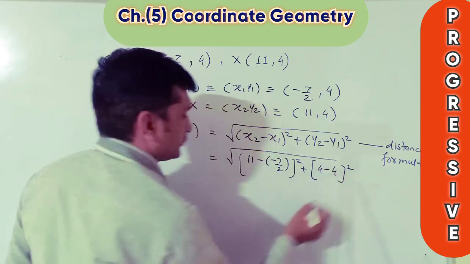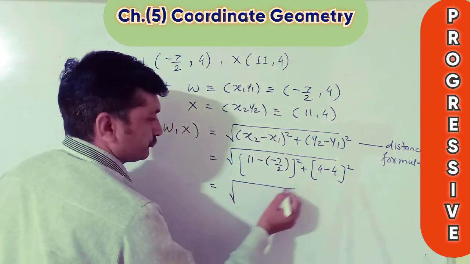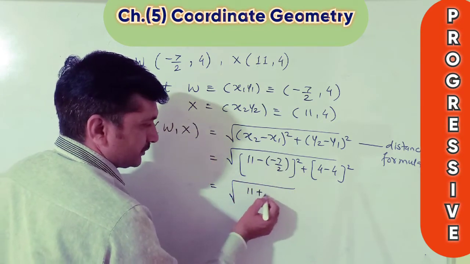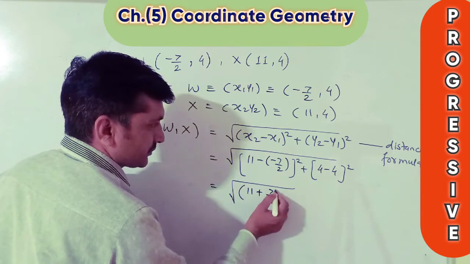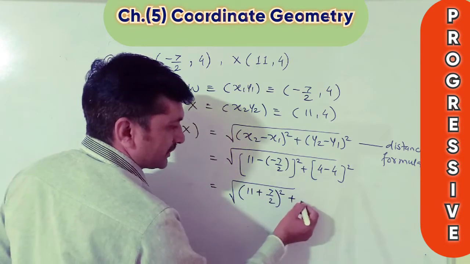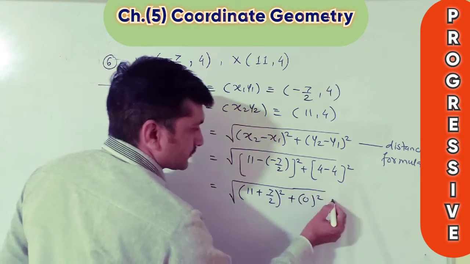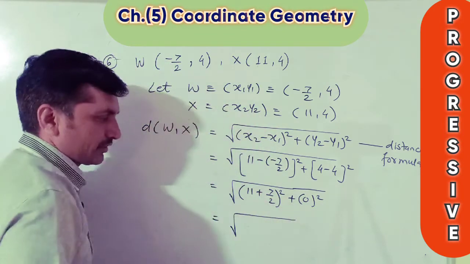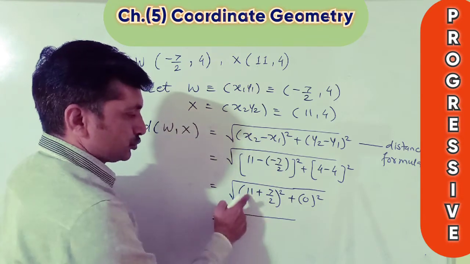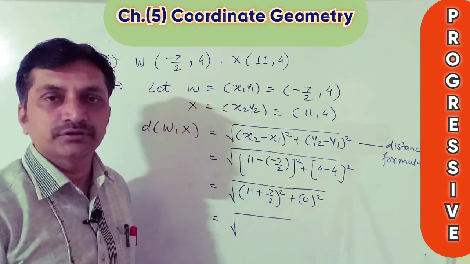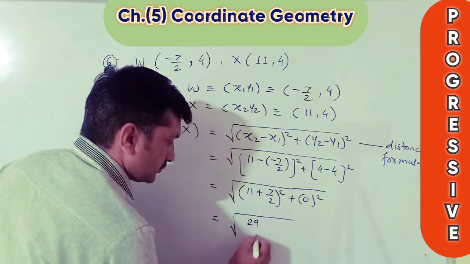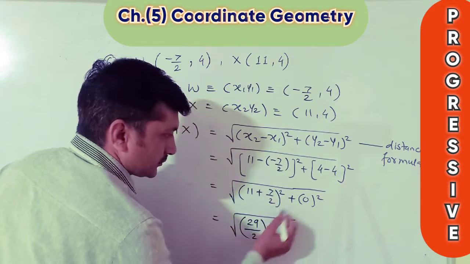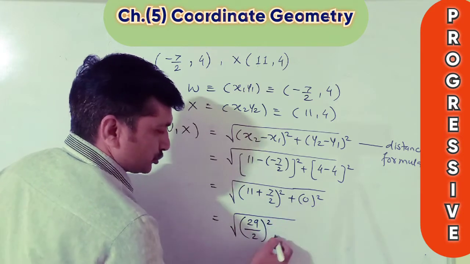4) bracket square is equal to square root of, now here, (11 plus 7 upon 2) bracket square plus (4 minus 4) 0 square is equal to square root of. Now here cross multiplication. 11 2s are 22, 22 plus 7, 29 upon 2 bracket square, and here plus 0 square, 0.